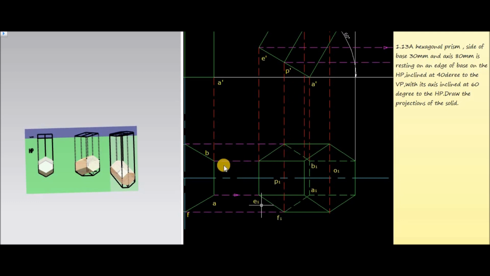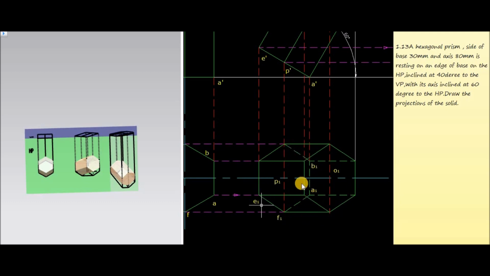Then again extend the projections from the first top view in the rightward direction. Then the corresponding meeting points can be represented like this. That means the point A1 will be the intersection of A and A dash, B1 will be the intersection of B and B dash. Then in this manner we can represent all the bottom corners A1, B1, C1, D1, E1, F1.